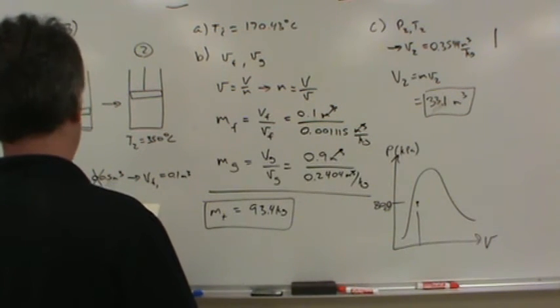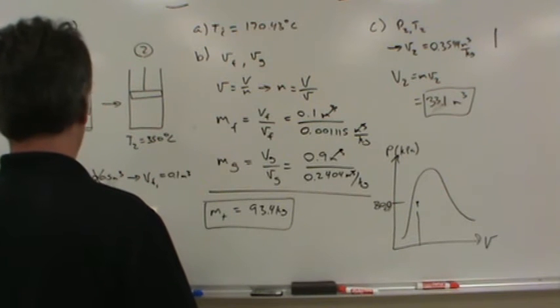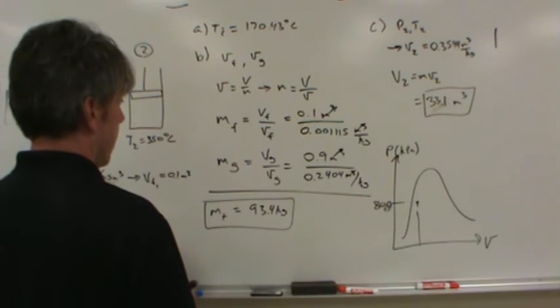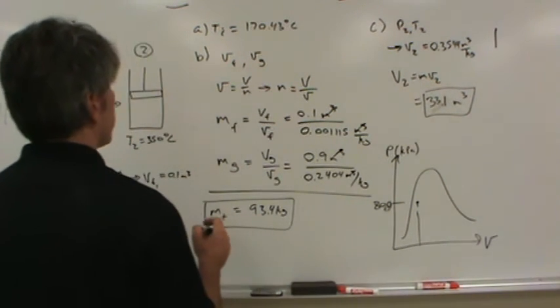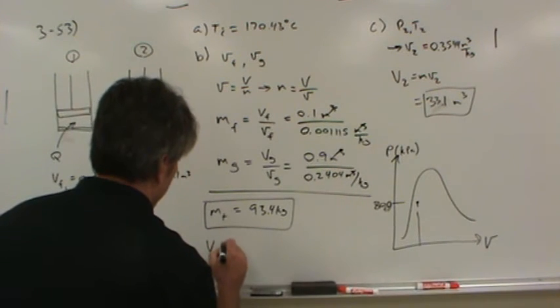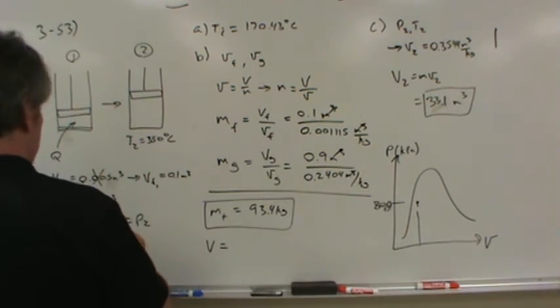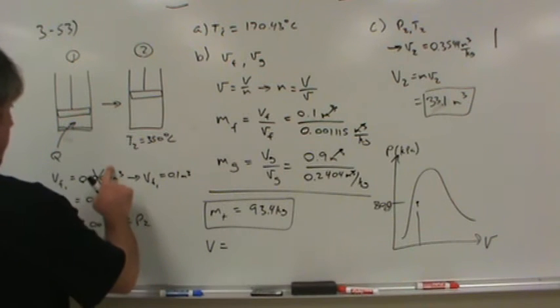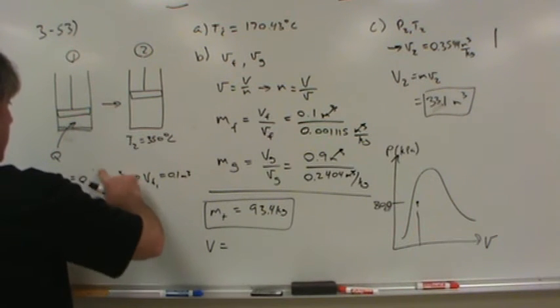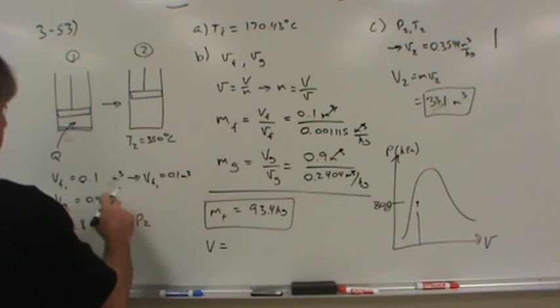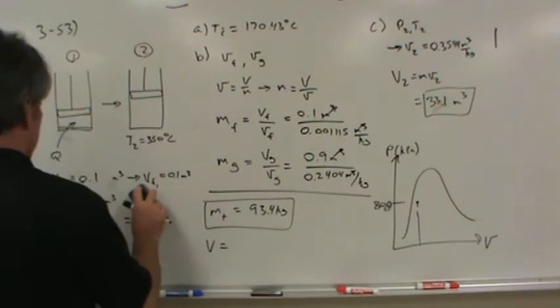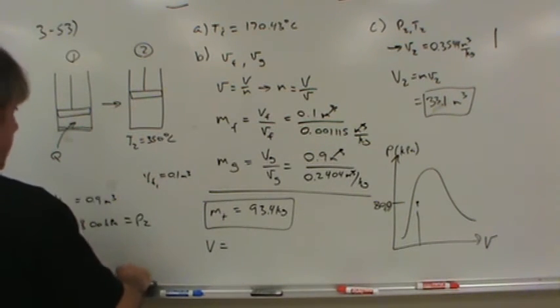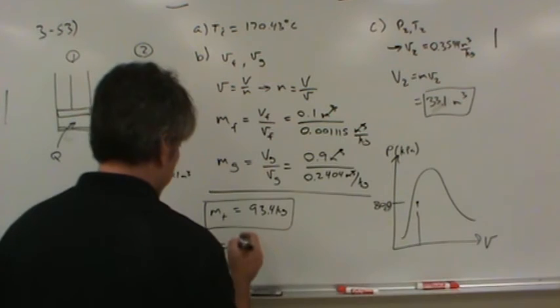We could get it if we were to take the total volume. In fact, we can get this pretty easily because the total volume of the system would be the 0.1 cubic meters plus, oh, I've already done that. It would be the 0.1 cubic meters plus the 0.9, so it's just a cubic meter.